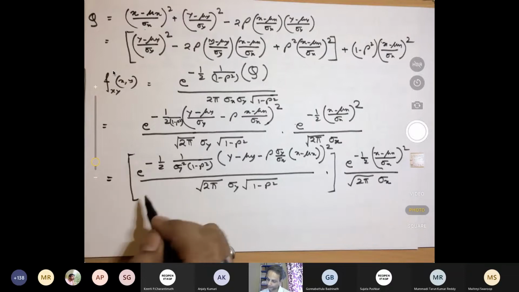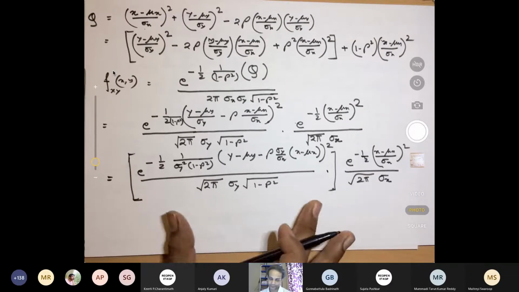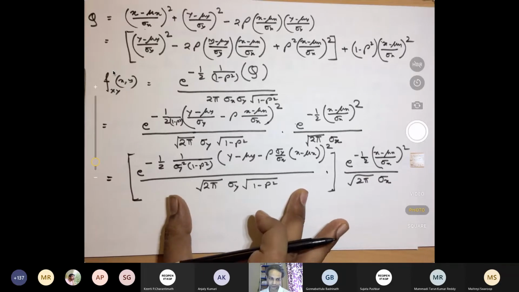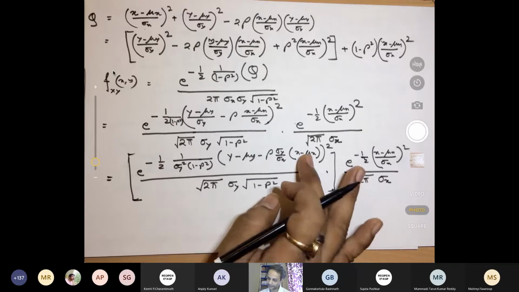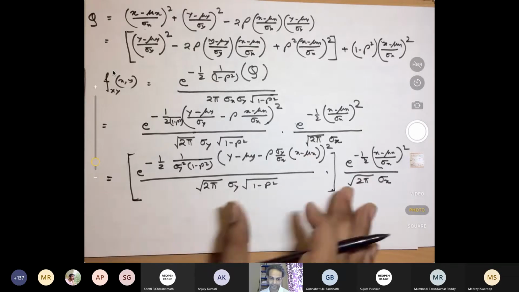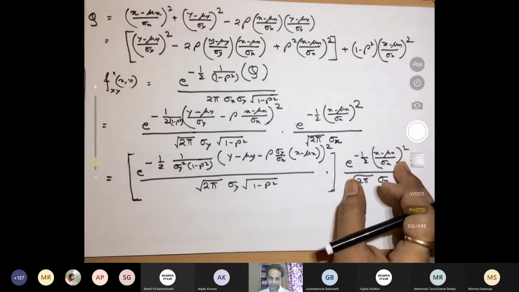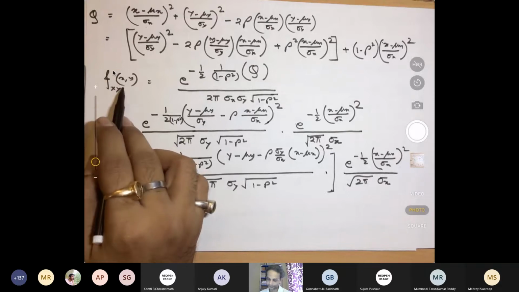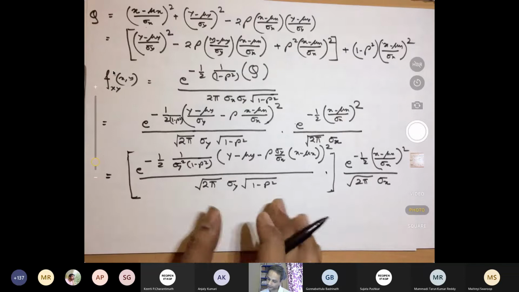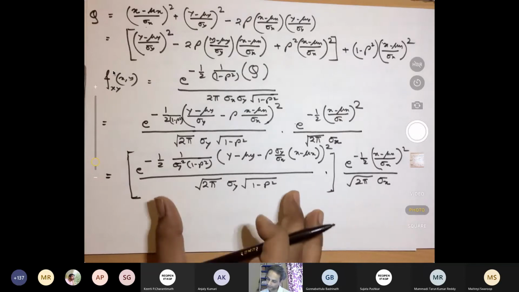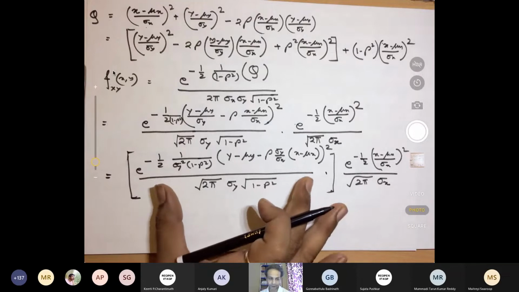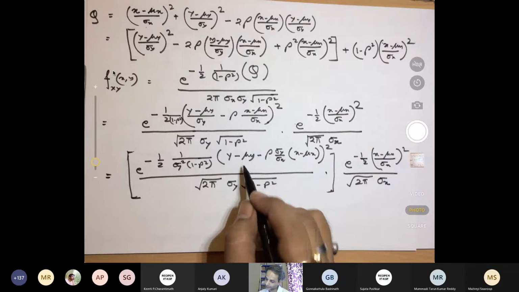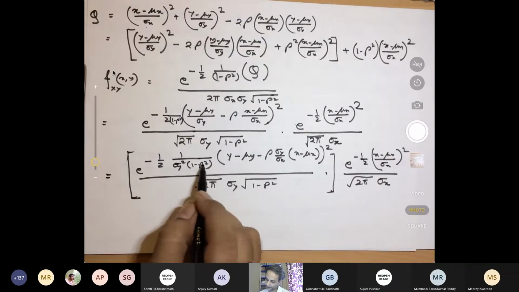Check whether this part is okay or not. If you integrate this entire expression with respect to y, although there is x present here, because here y is not present, whenever you integrate f x y with respect to y, that will impact only this part, and it is a full form normal density for y with mean as written here and variance as written here.